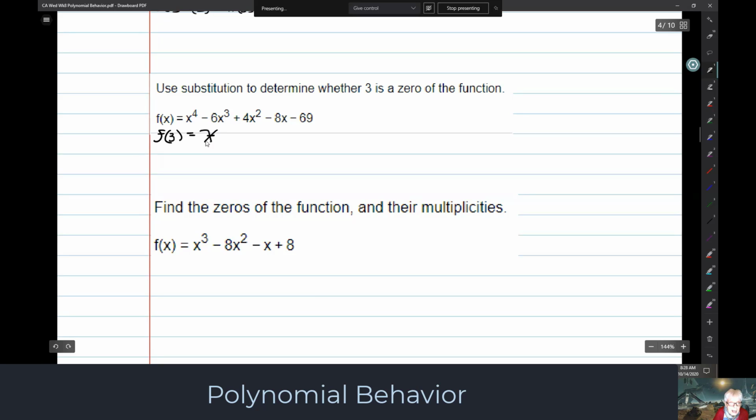So it's not going to be x, it's going to be 3. And again, 3 is positive, so I can just say 3 to the 4th minus 6 times 3 to the 3rd plus 4 times 3 squared minus 8 times 3 minus 69.